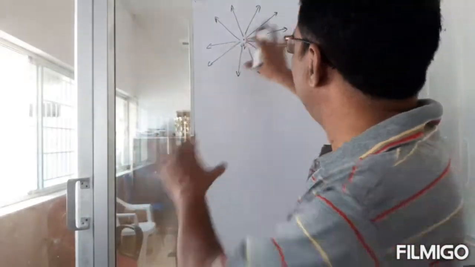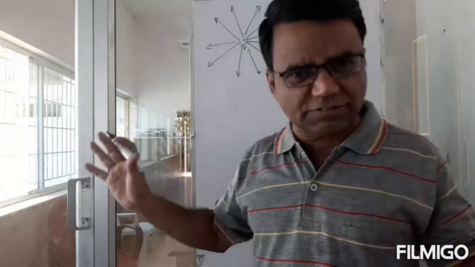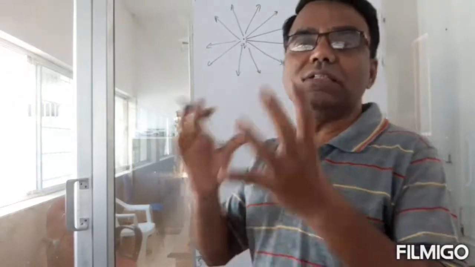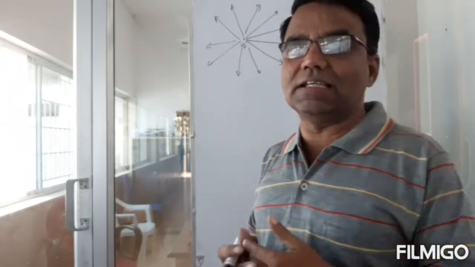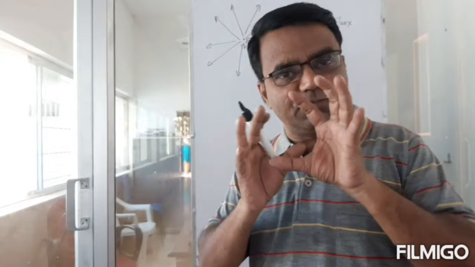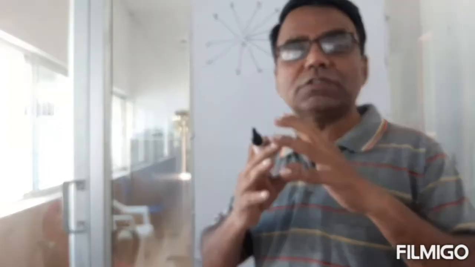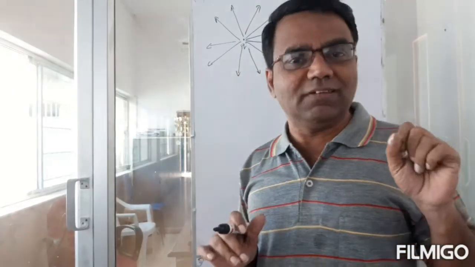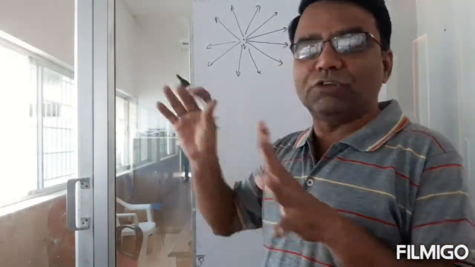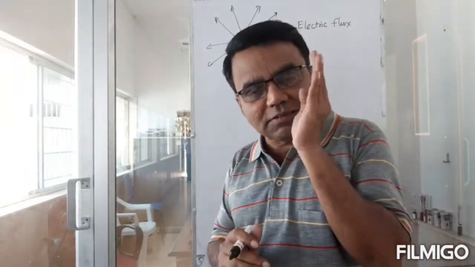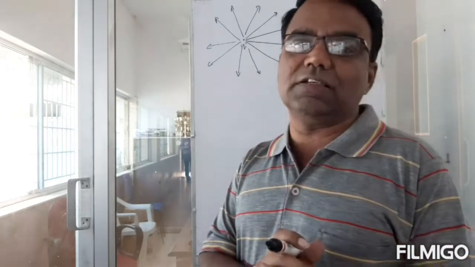For example, if we have 50 lines from here, then that's 50 lines. That's the flux. I'm giving you a crude idea of what it is. Somebody may draw 5 lines for the same charge; then I can say, fine, the 5 lines are his flux. And if you have drawn 50 lines, the number 50 is your flux value.